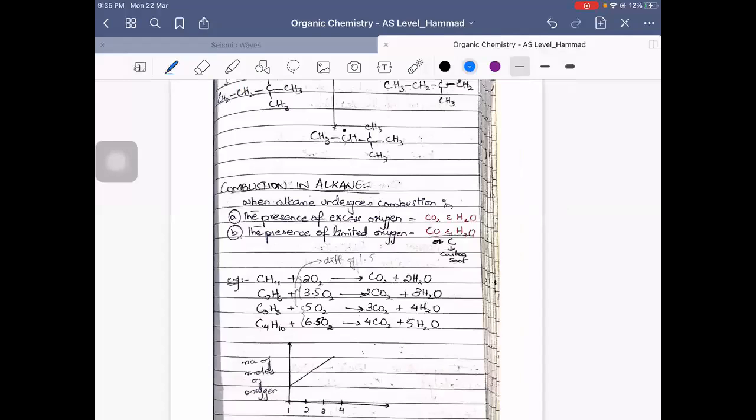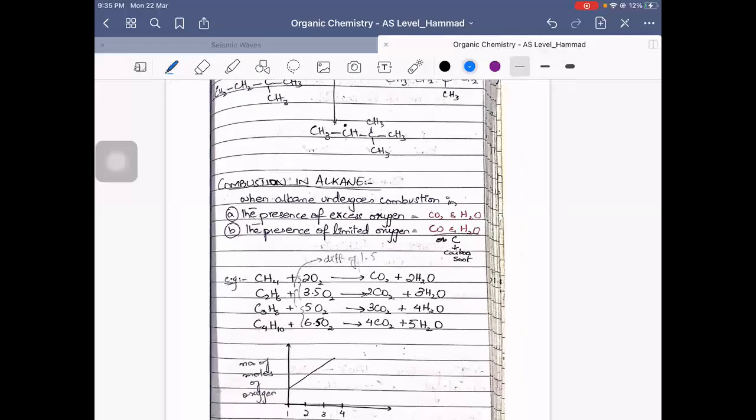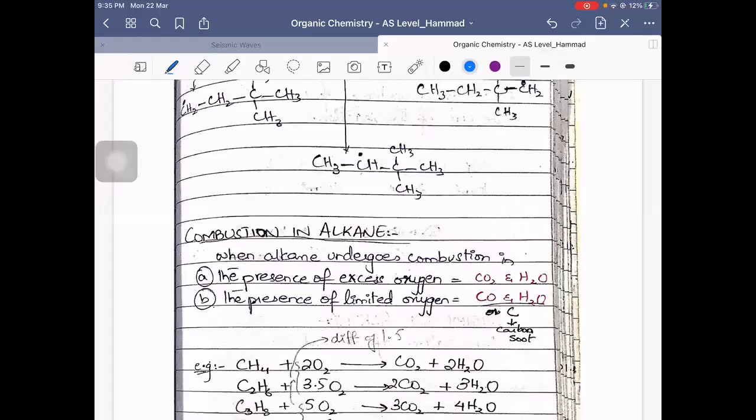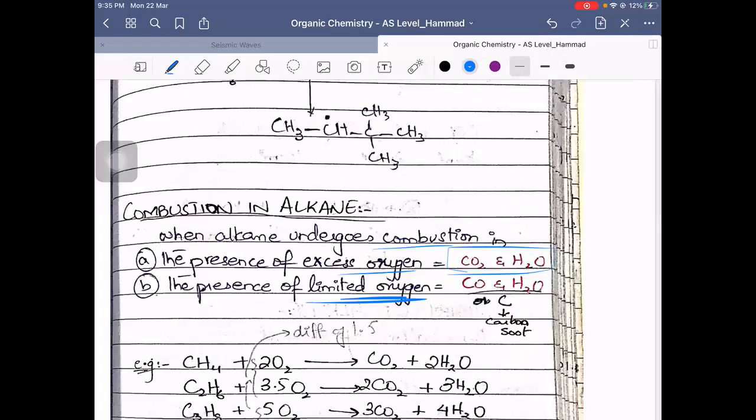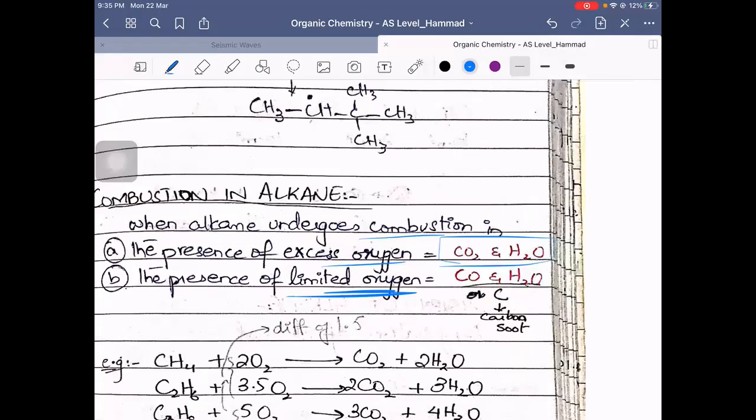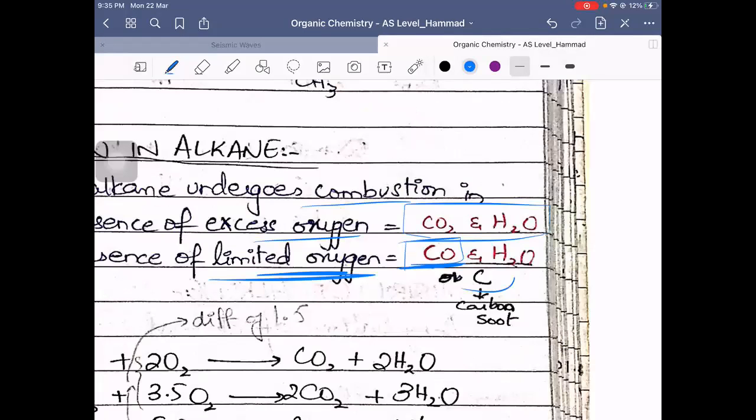Next comes the combustion reaction. Combustion is basically burning in oxygen. So when alkanes undergo combustion in the presence of excess oxygen, you get carbon dioxide and H2O. And in the presence of a limited supply of oxygen, you will either get carbon monoxide or carbon soot and H2O.